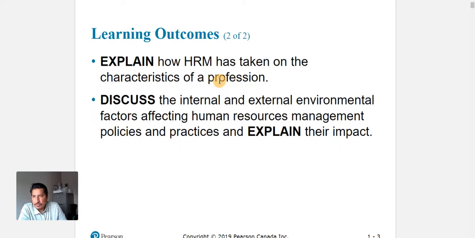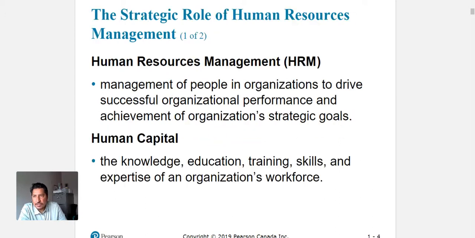Another learning outcome: explain how human resource management has taken on the characteristics of a profession. Discuss the internal and external environmental factors affecting human resources management policies and practices and explain their impact. So these are the learning outcomes.